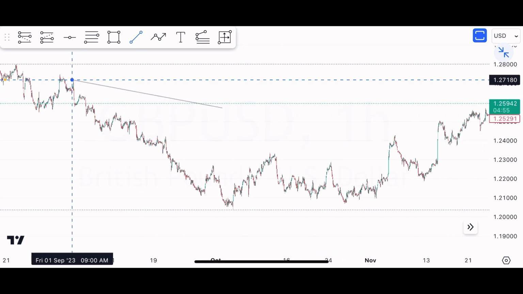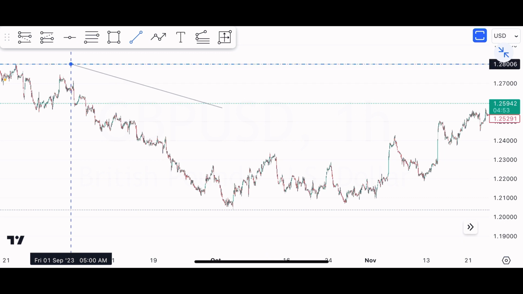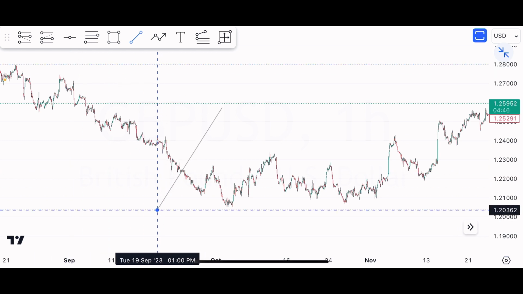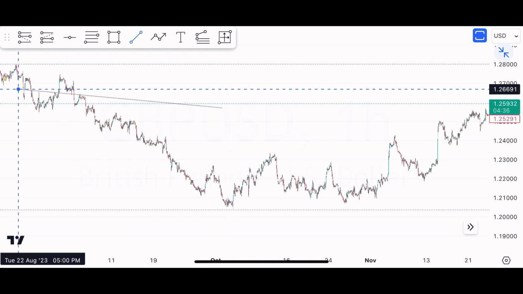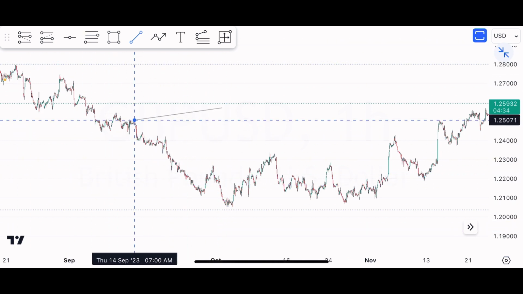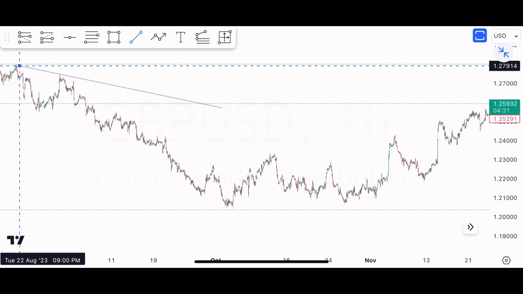The highest price point for GU is 128,006, and the lowest price point is 120,362. Highs and lows.